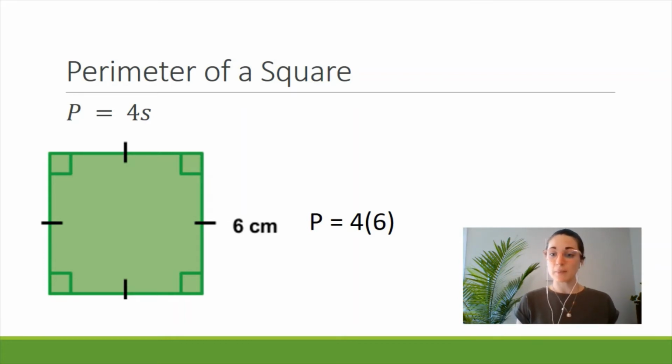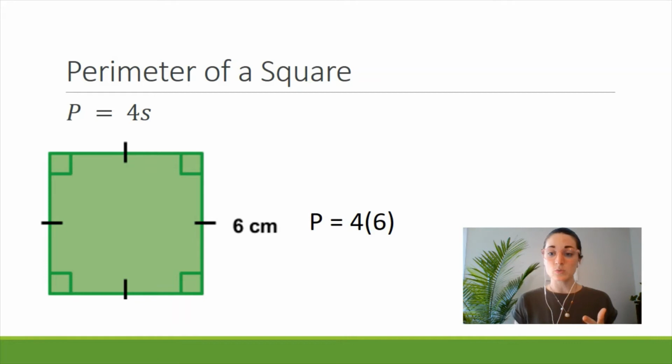So to get the perimeter, we could do what we did on the last slide and add together 6 plus 6 plus 6 plus 6 to get the answer. However, you might see on some test formula sheets the formula P equals 4S. And this means that the perimeter is equal to 4 times the length of one side.